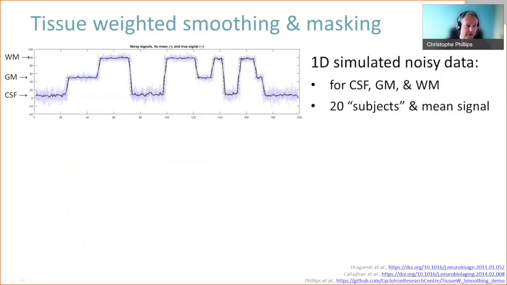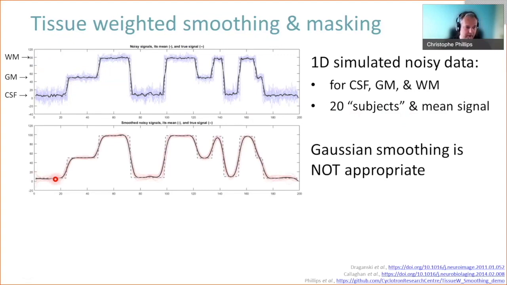So here I've generated some signal according to a specific anatomical profile for CSF, gray matter, and white matter, each tissue class having their own specific amplitude. And there is some noise in the data from my 20 subjects, as well as a little bit of anatomical variability.